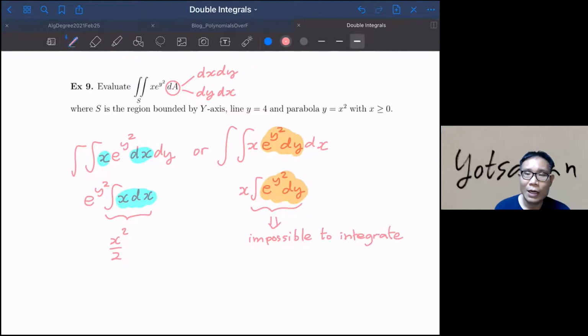Like I mentioned last semester, some integrals we are not able to integrate even when we use the techniques of integration. It's not the same as derivatives. For derivatives, we are able to differentiate every function.